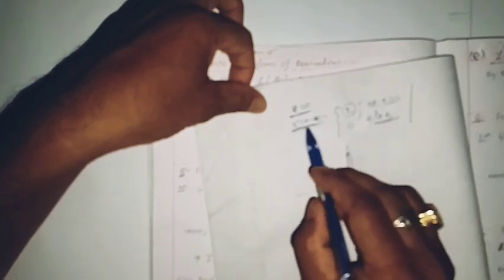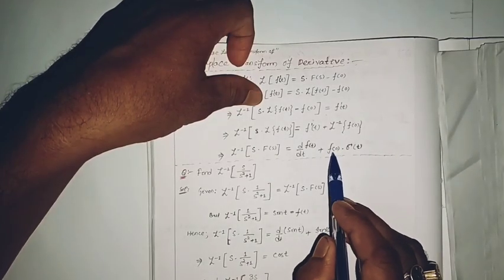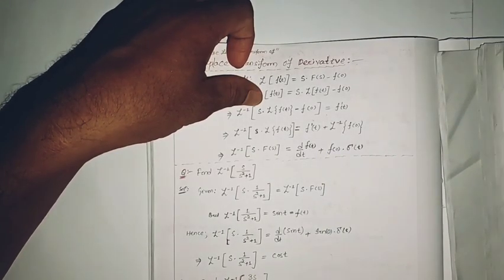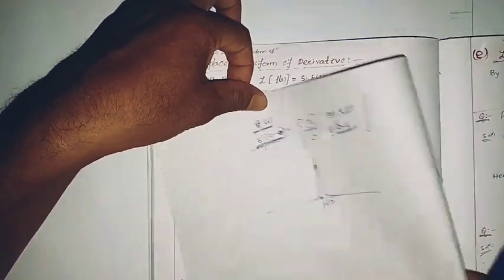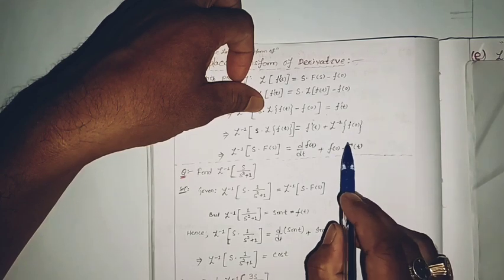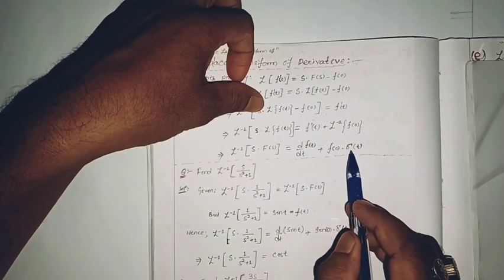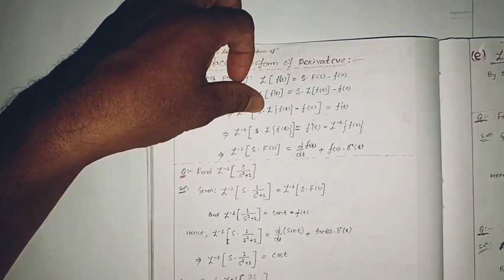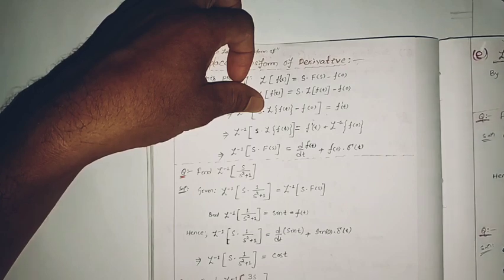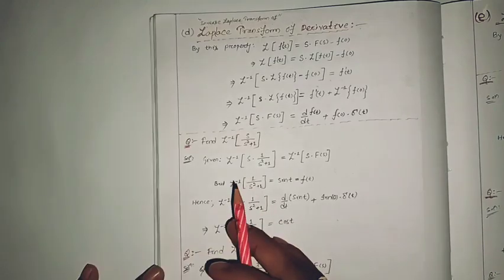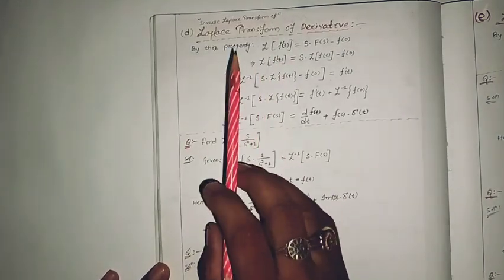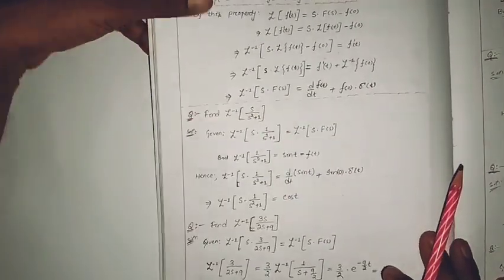Here f of 0 exists at 0 and the value of delta t at 0 is 1, so instead of writing delta t, we can write 1 itself. Some books write in this format, some write only f of 0; I write delta t. Okay, now we are going to apply this property to solve numericals.